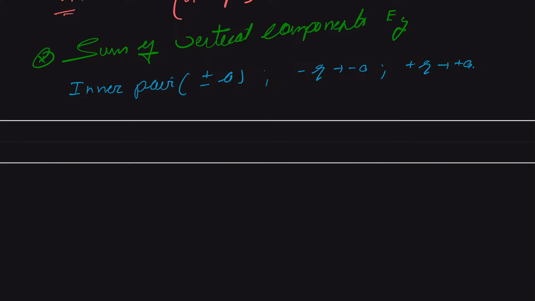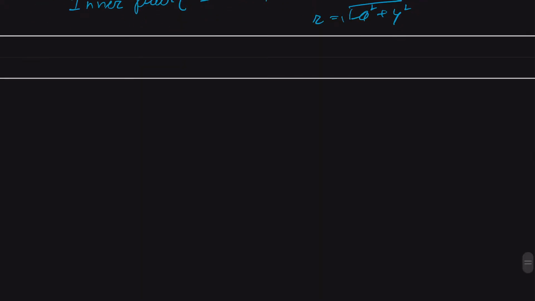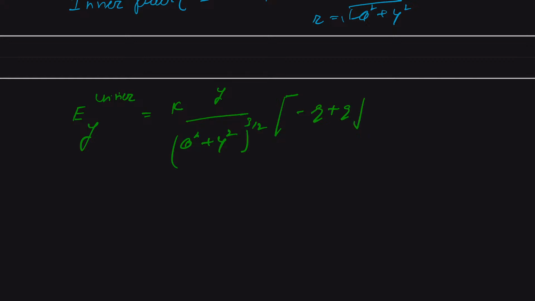So r is equal to the square root of a square plus y square. Therefore, the electric field in the y direction because of the inner pair will be k y upon (a square plus y square) to the power 3/2, times (minus q plus q), which equals 0.